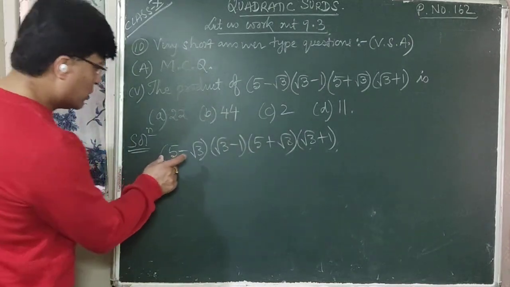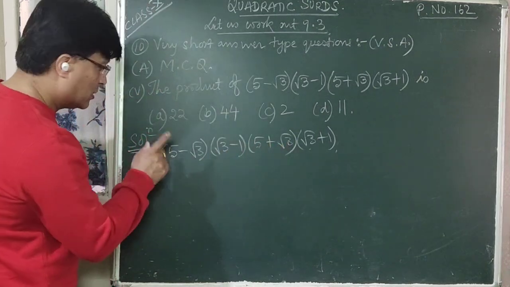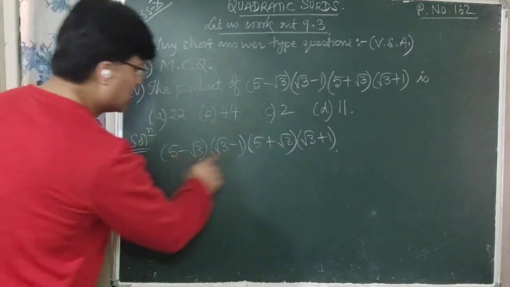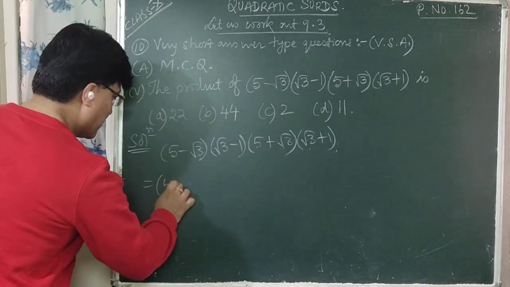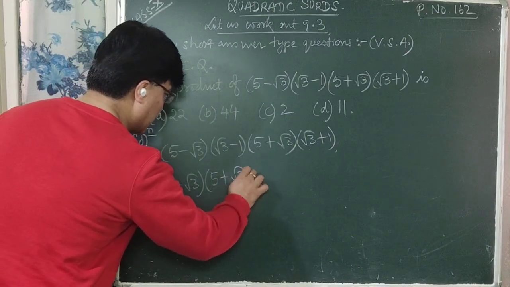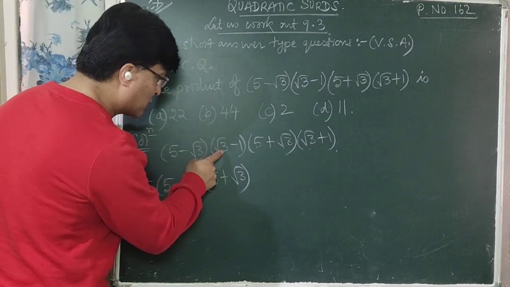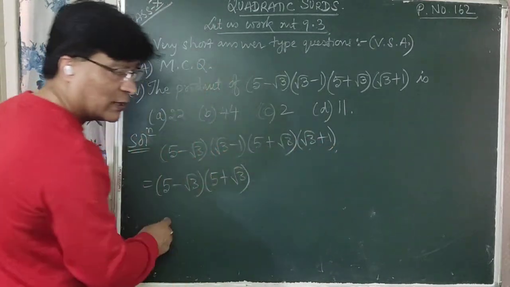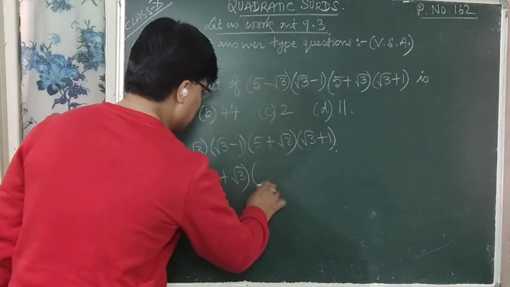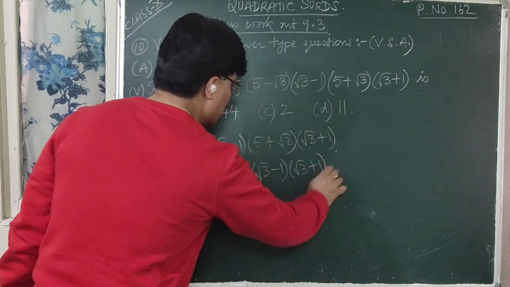You know that the conjugate, or rationalizing factor, of 5 minus root 3 is 5 plus root 3. You should write these two together: 5 minus root 3 into 5 plus root 3. Is that clear? Next, what is the rationalizing factor of root 3 minus 1? It is root 3 plus 1. So write these two terms together, that is the second and the fourth factor: root 3 minus 1 into root 3 plus 1.